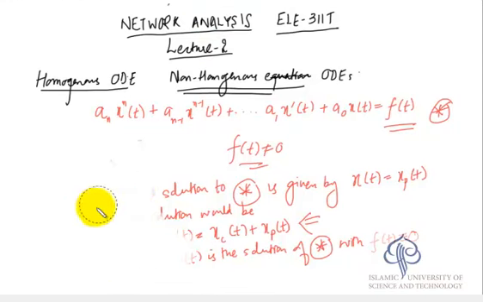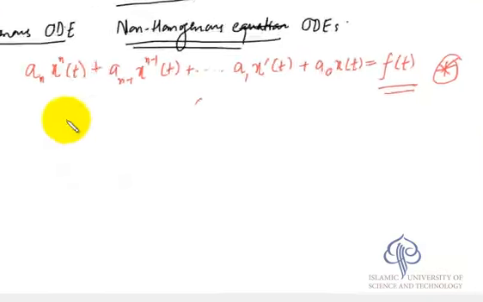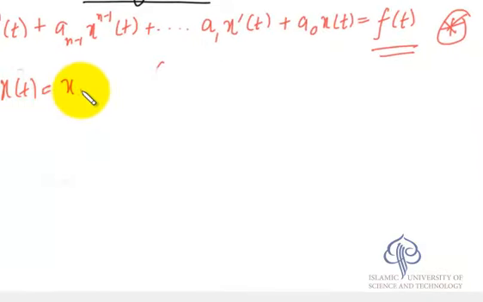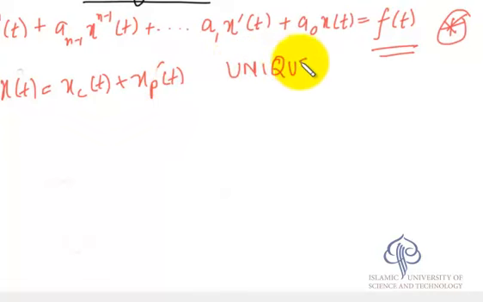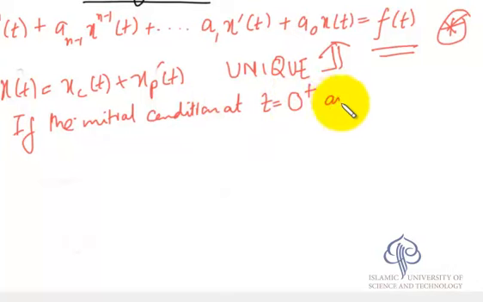By a theorem in mathematics which is called the uniqueness theorem, it is proven that x(t) equal to xc(t) plus xp(t) is also the unique solution to this non-homogeneous equation, if the initial conditions at t equal to 0 plus are satisfied.